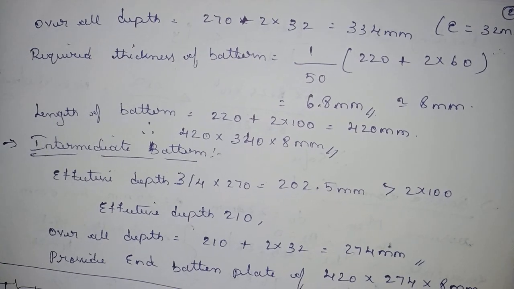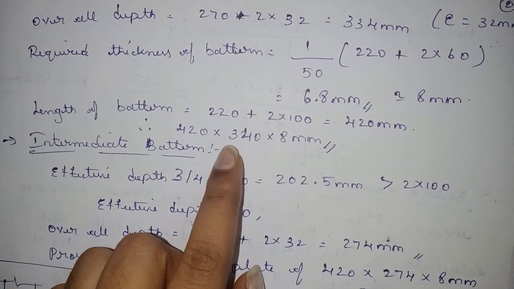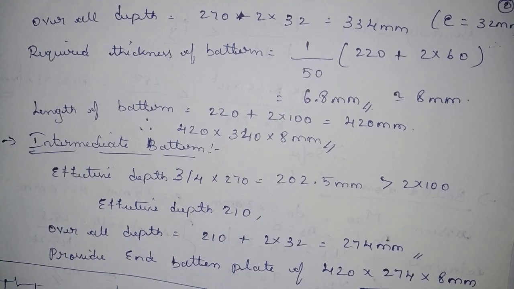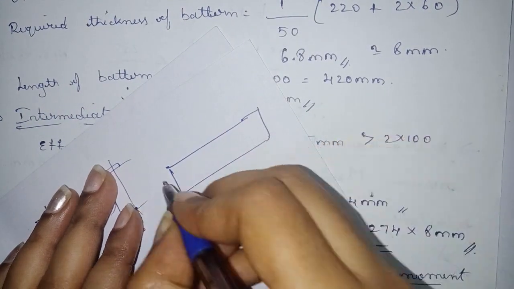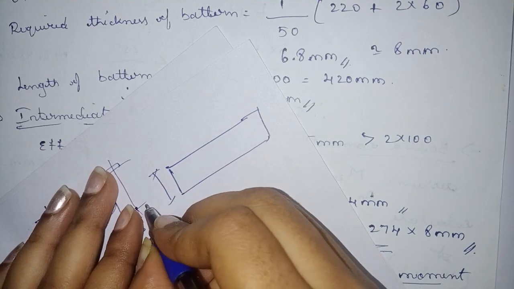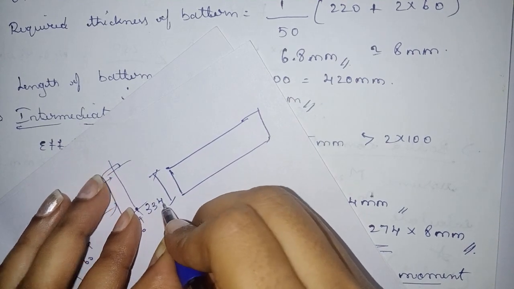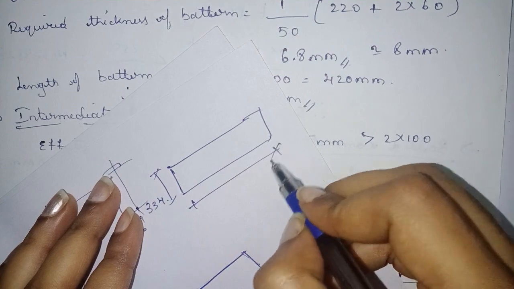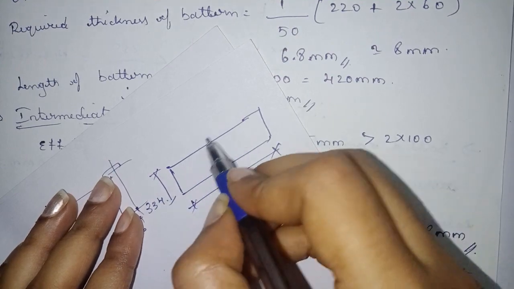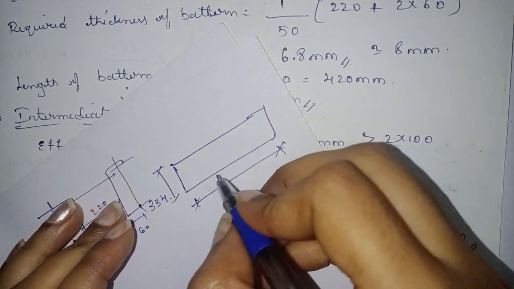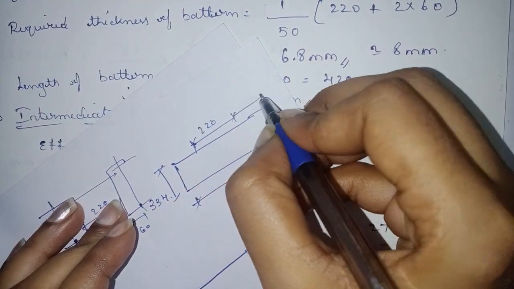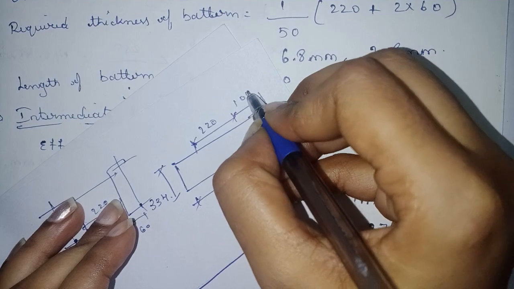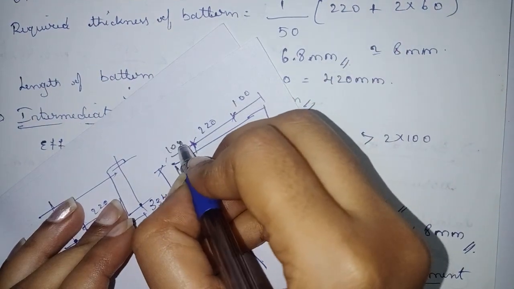Next we'll go for the length of the batten. See here, we have calculated this one now. We got this overall as 334. Now we don't know what this length is, right? So the spacing between the two channel sections is 220. This width is how much? 100. This width is how much? 100, right?